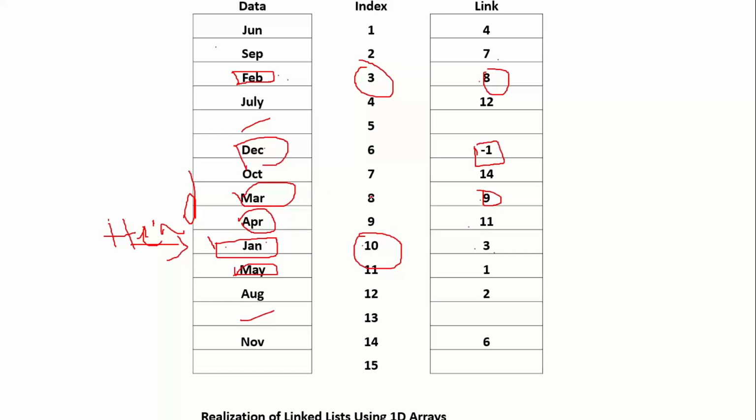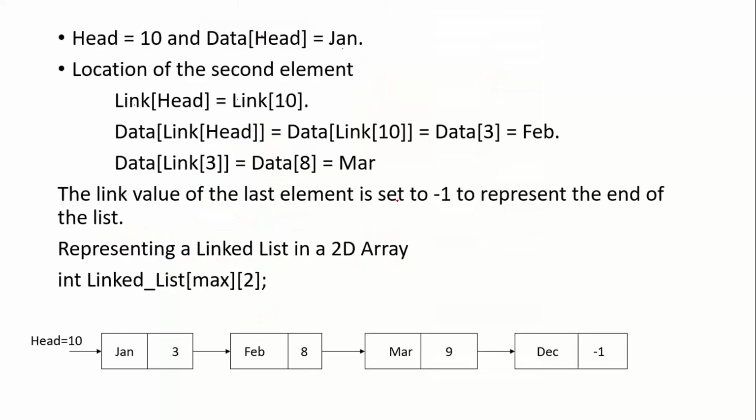So what will you find here? You will find March. Next, data of link of 9, you will go to April. So this is how you search the locations and the data at those places.